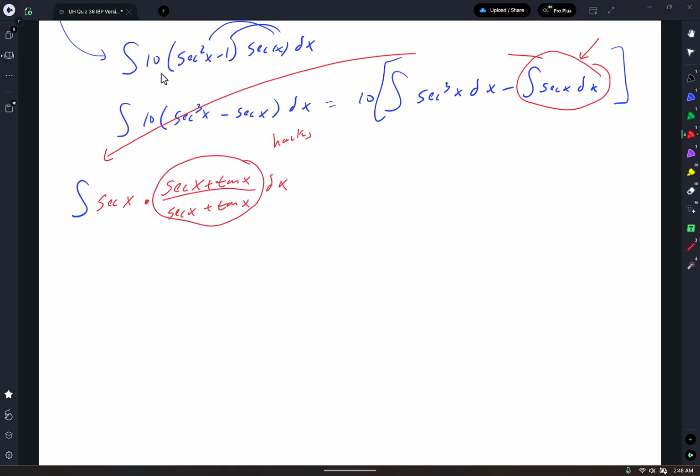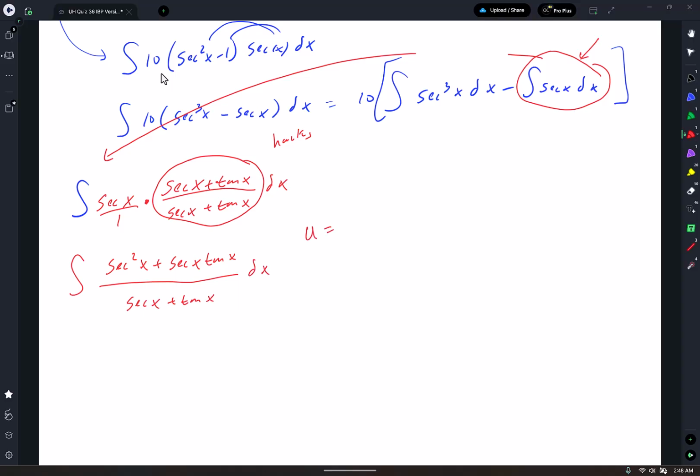All you did was multiply by 1 there. And when you distribute that, you'll have the integral of secant squared x plus secant x tan x, all over secant x plus tan x, dx.